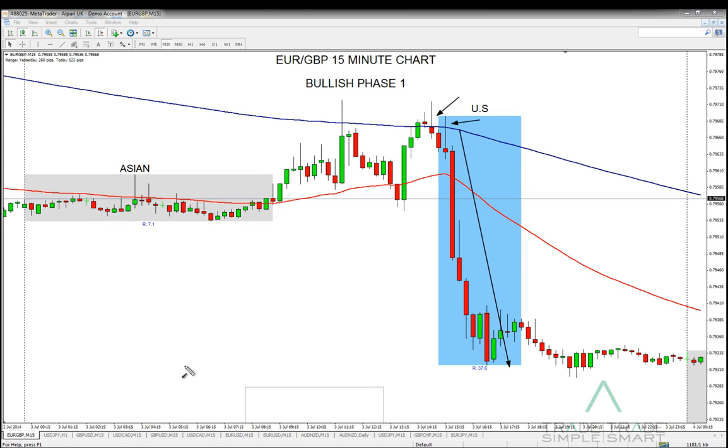So the manipulation of moving averages can take place during the Asian, the London or the US session. Now, one thing to take note of is that during the manipulation of the 200 moving average, we see this classic M formation.